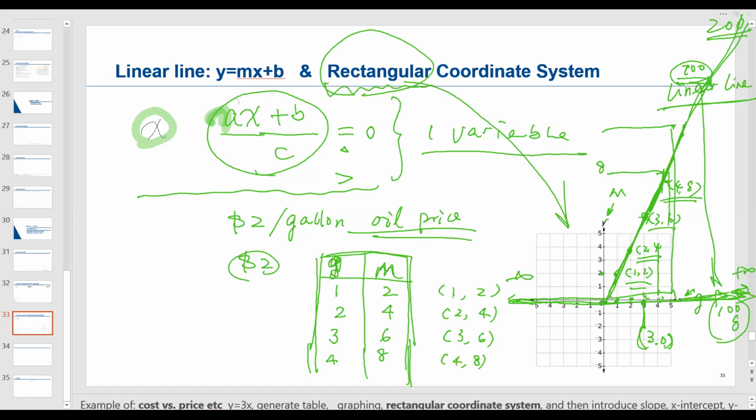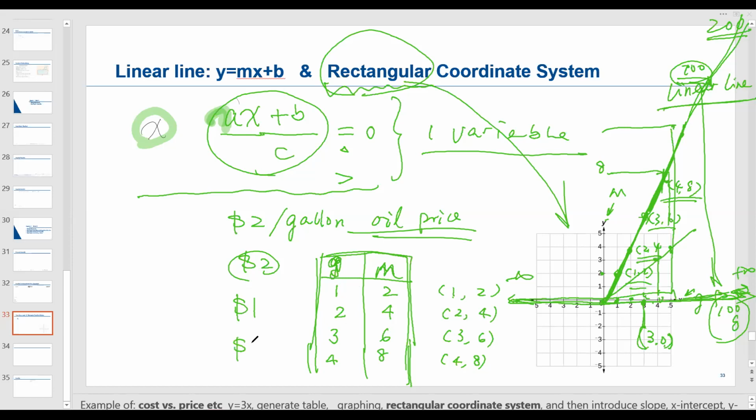We will talk a little bit later about this line. Sometimes the price of gas changes, say to only $1 per gallon. So you can make a table like this. You buy 5 gallons, you only need to pay $5. For 4 gallons, you only need to pay $4, right?